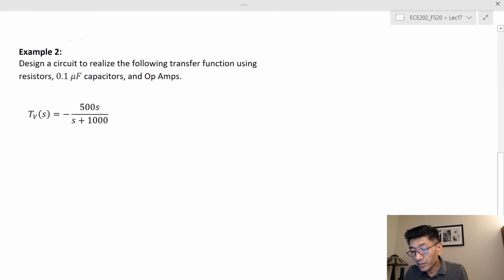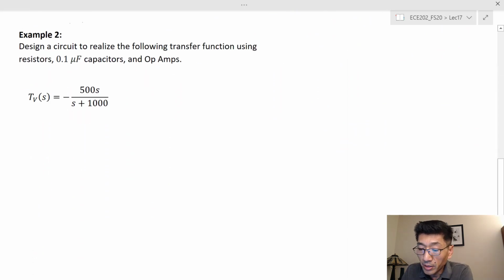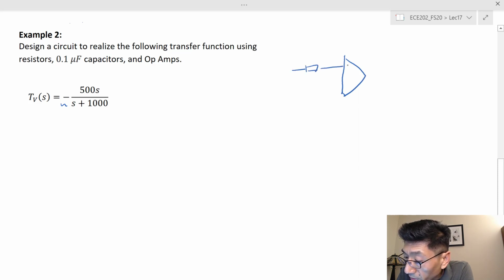Let's see the first example here. We are trying to design a circuit to realize this transfer function using resistors, capacitors and op-amps. Remember, if we have a negative sign, we have what we call the inverting op-amp, with Z1 at the inverting terminal and the non-inverting terminal connected to the reference node.